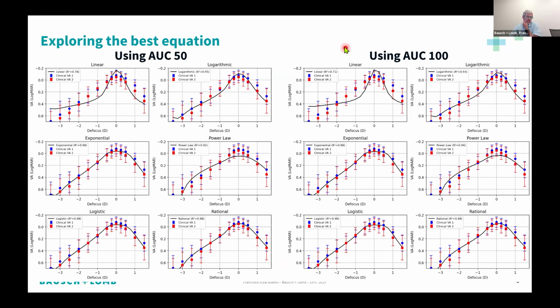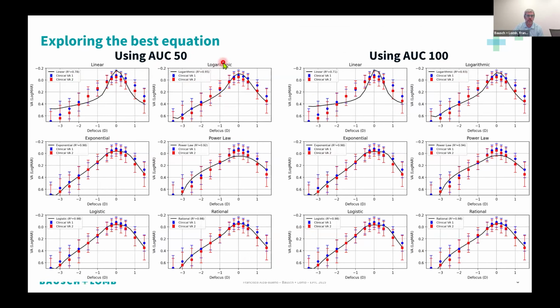There are a lot of equations and numbers here, but basically what I want to show is, first, that the results of using area under the curve between 50 and 100 are very similar. Second, the logarithmic and linear equations do not fit very well, and we can see that the R square is not very high.